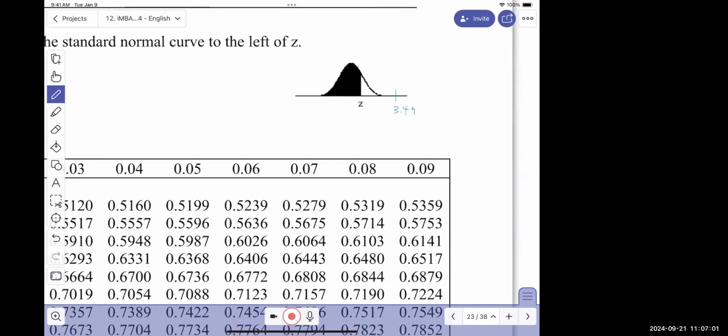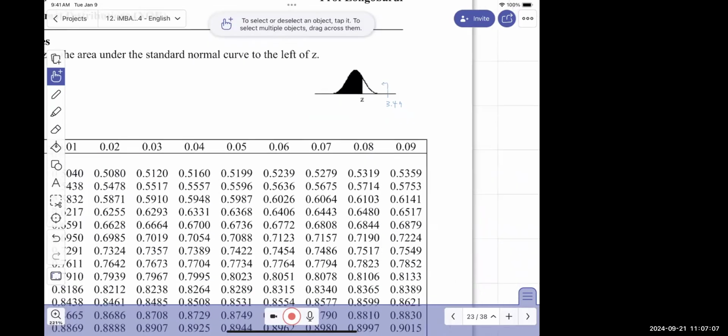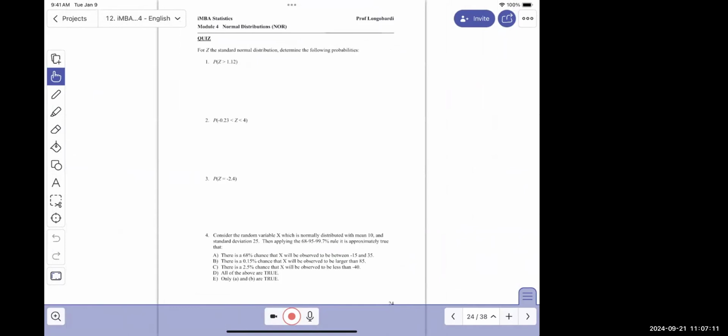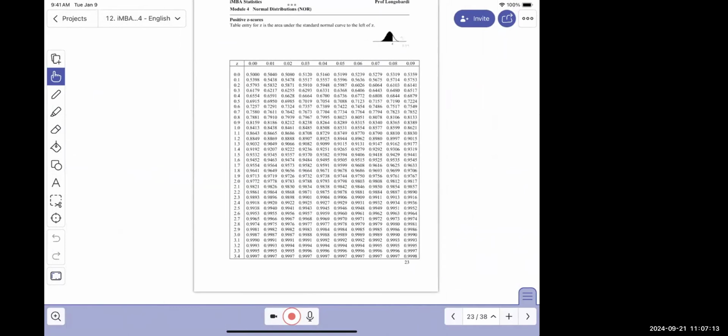Remembering that the table gives you the area to the left. So what it tells you is that the area to the left is very big. It's almost 100%, 0.9998.